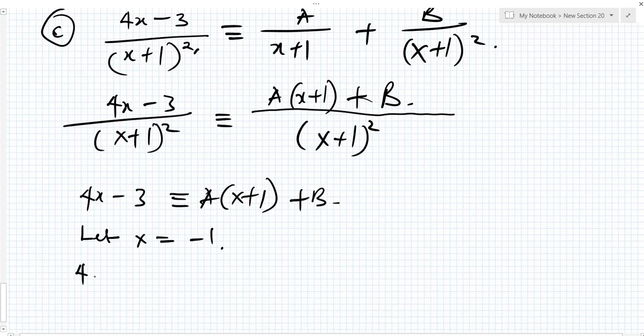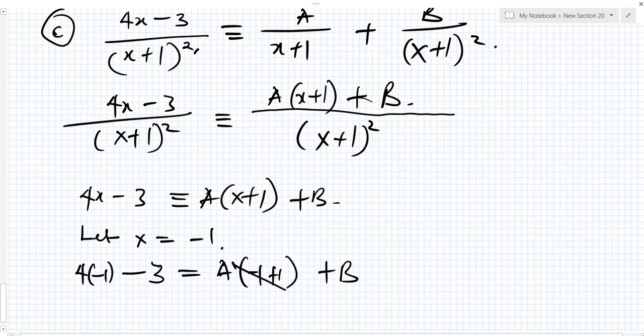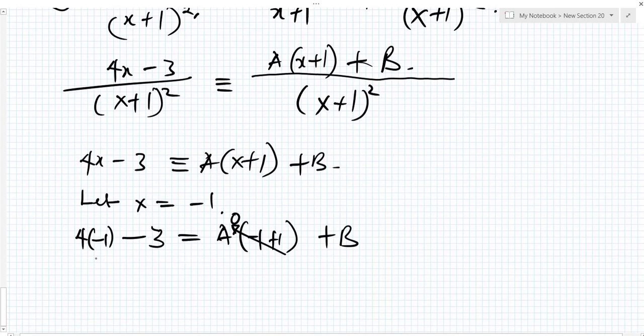So I have 4 times minus 1 minus 3 equal to a into minus 1 plus 1 plus b. So this will be 0. That will cancel out. So we have 4 times minus 1 will be minus 4 minus 3. So this will be minus 7. So that implies that b is equal to minus 7.